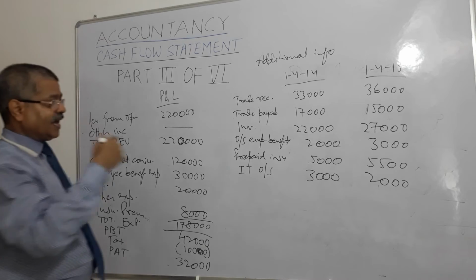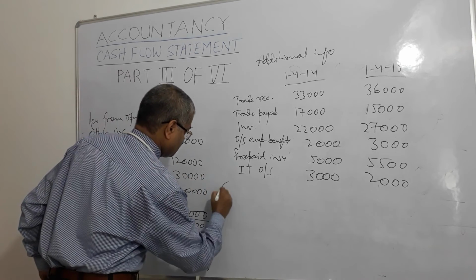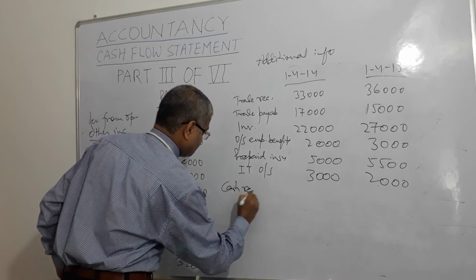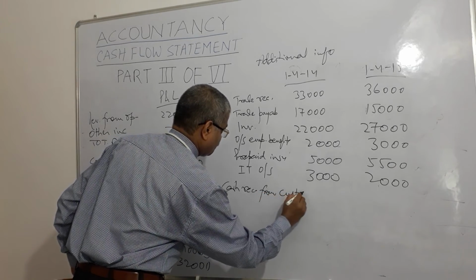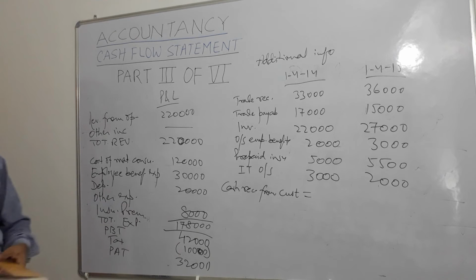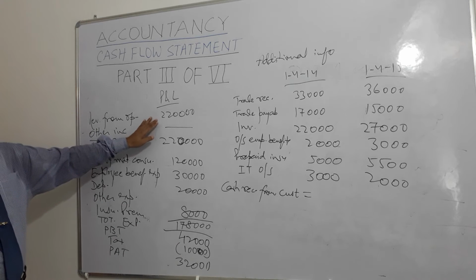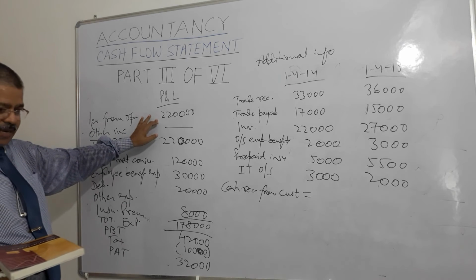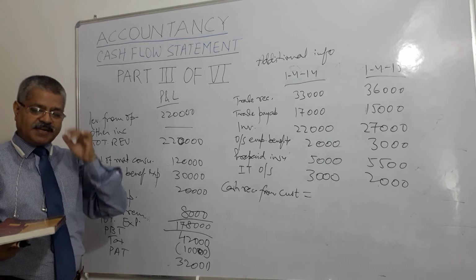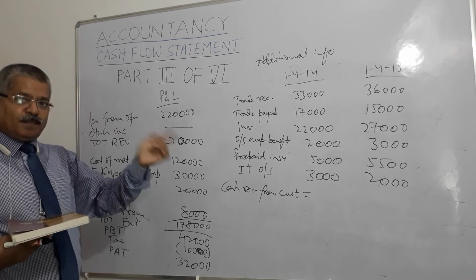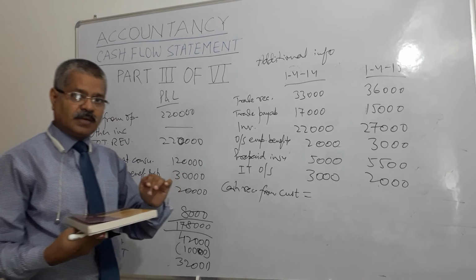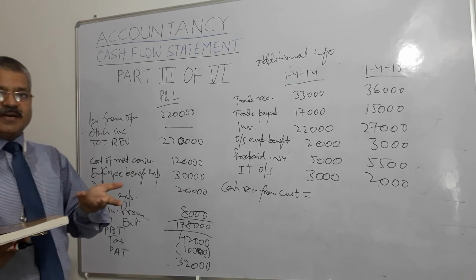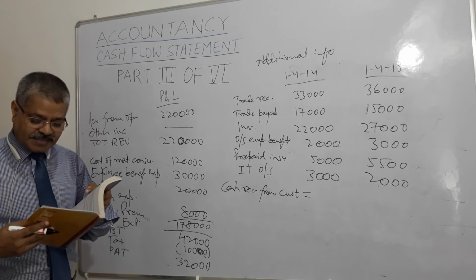Cash received from customer. What is the amount, you tell me? Total revenue is 2,20,000, and we have already discussed plus trade receivables at the beginning minus trade receivables at the end.